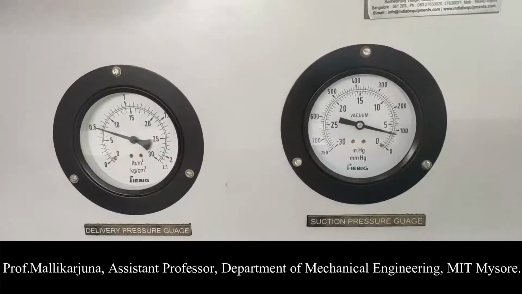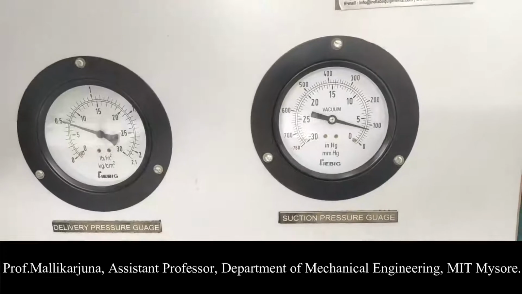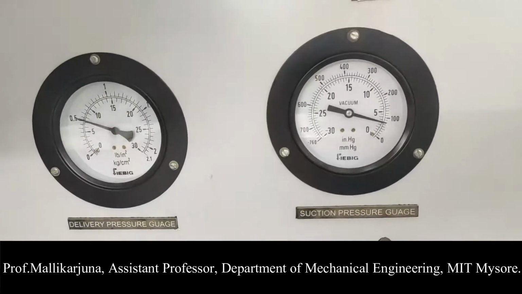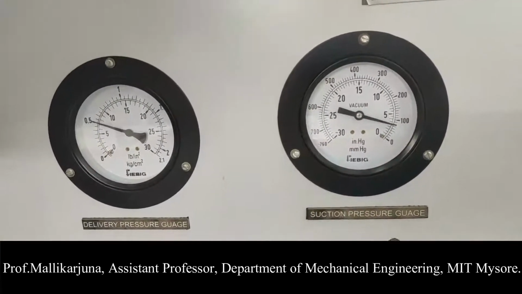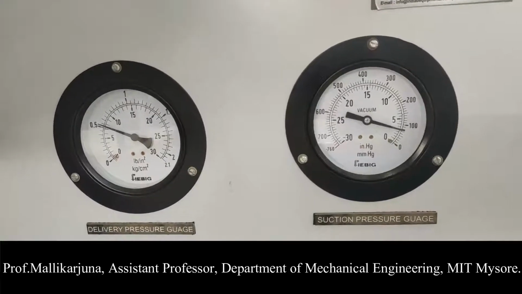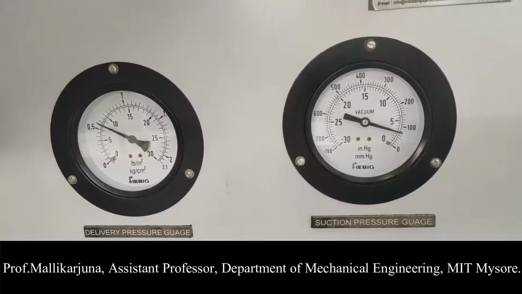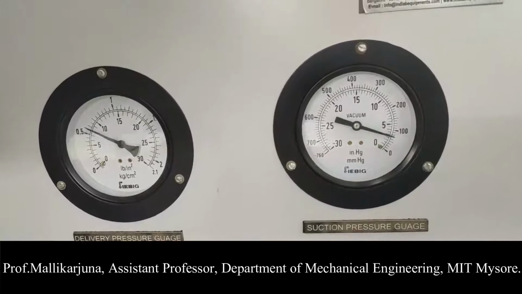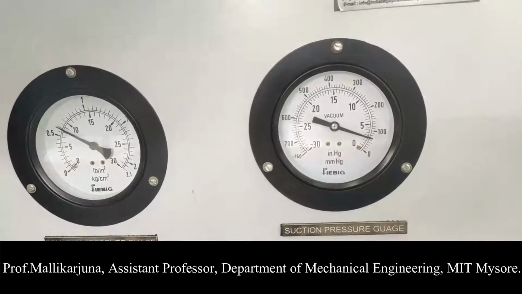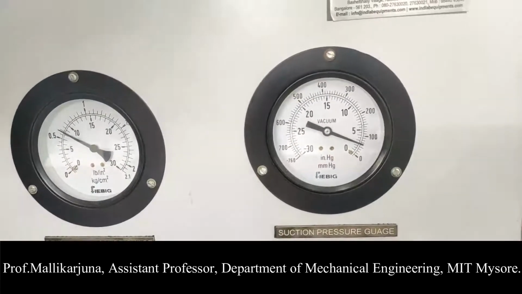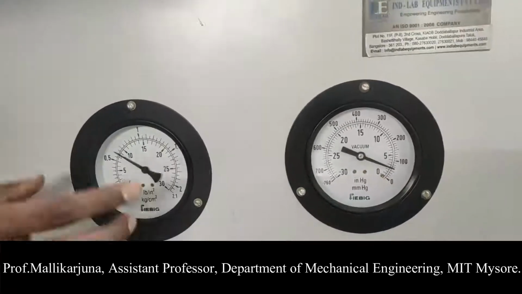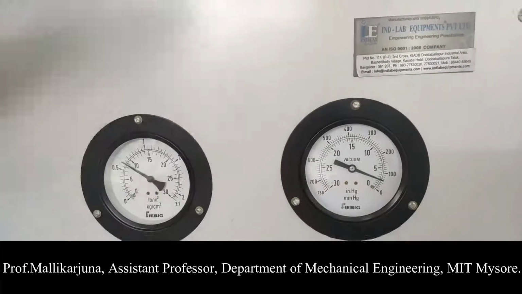So now I am adjusting this. Now it is 0.55. Now it is 0.6 kg per centimeter square. So this is the delivery pressure that I have set.